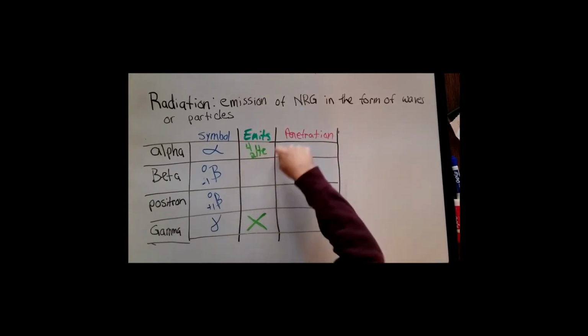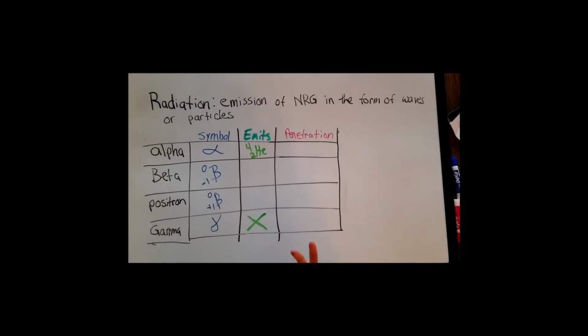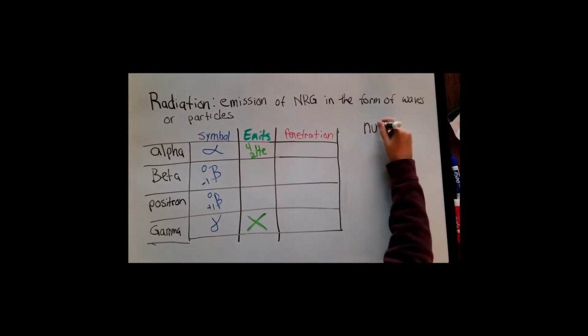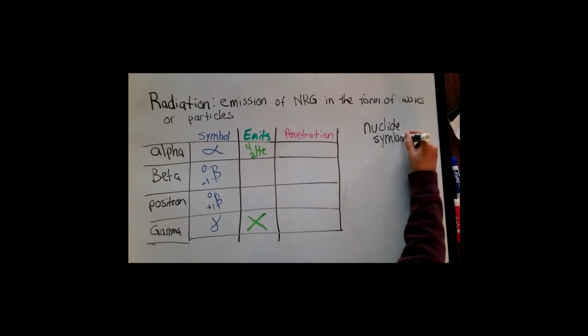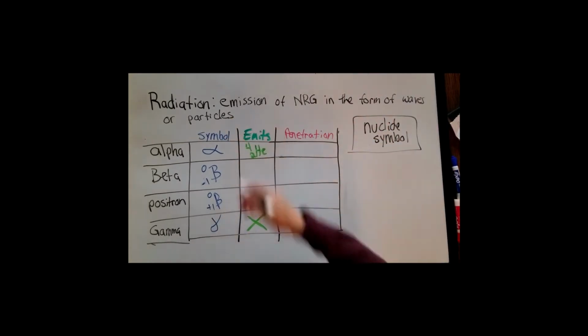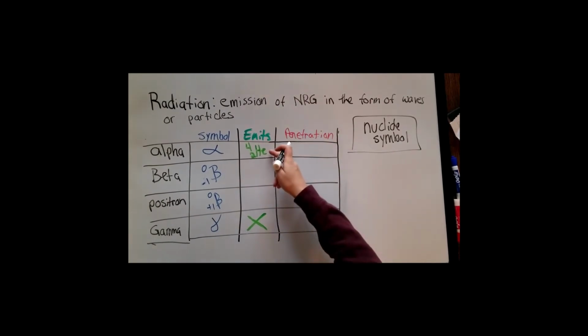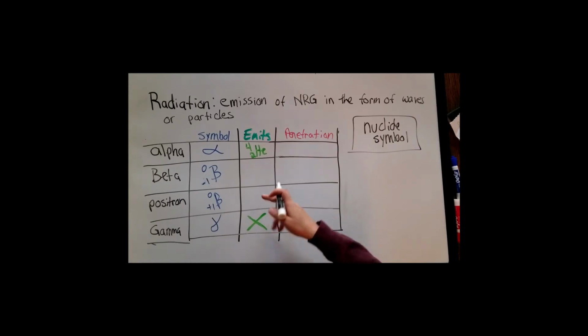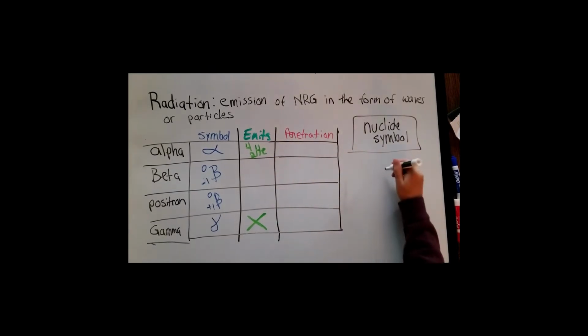If you remember, this symbol is very similar to a nuclide symbol, which we talked about in previous chapters. A nuclide symbol was a way of representing an isotope. And that's where radiation comes from. It comes from unstable isotopes. So it makes sense that we would represent these particles in an isotope form.